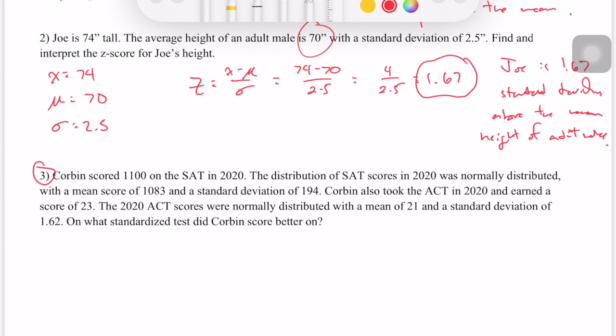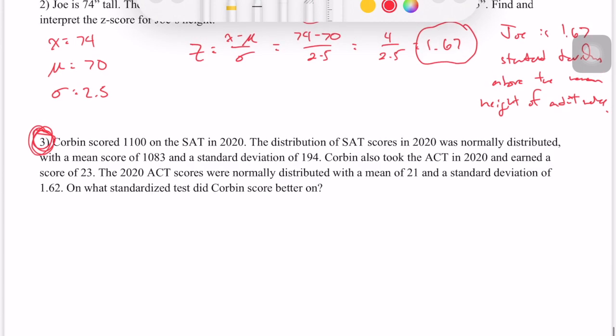I'm thinking the first page of the practice set. Okay? So number 3 and the first half of the first page of the practice set. All right. See you guys next day.